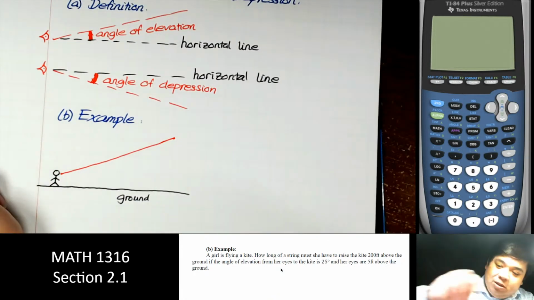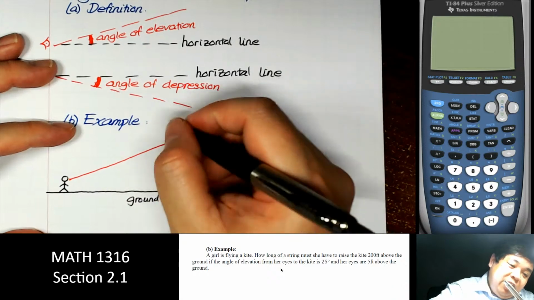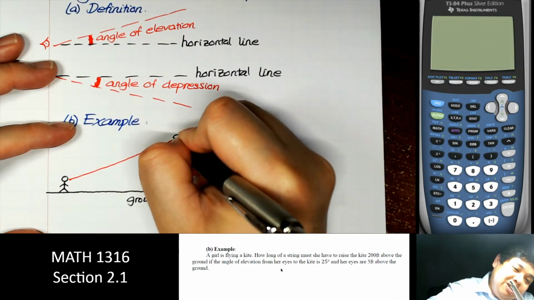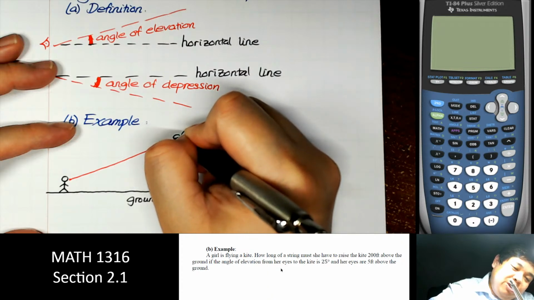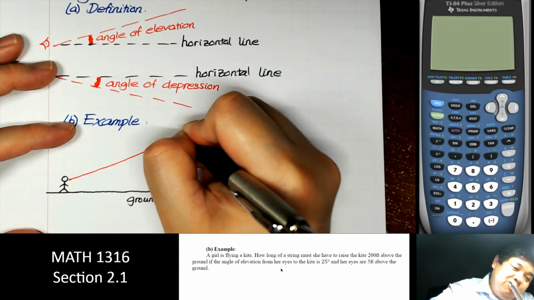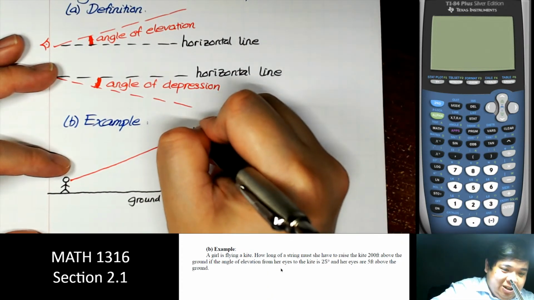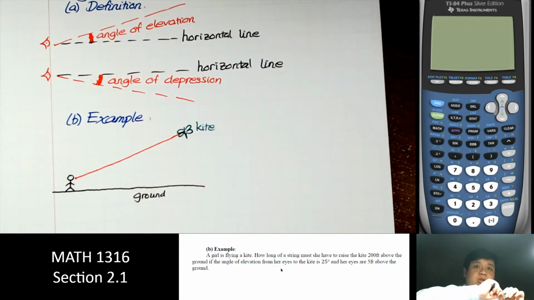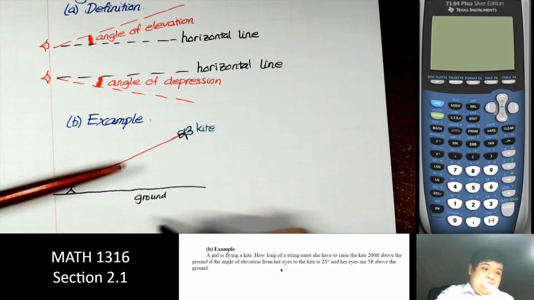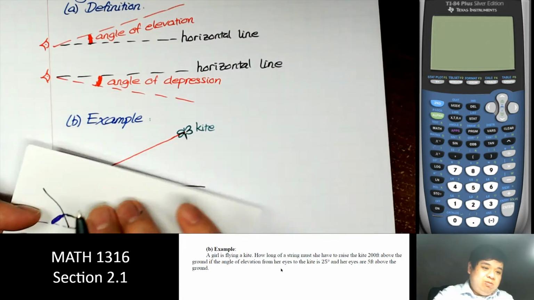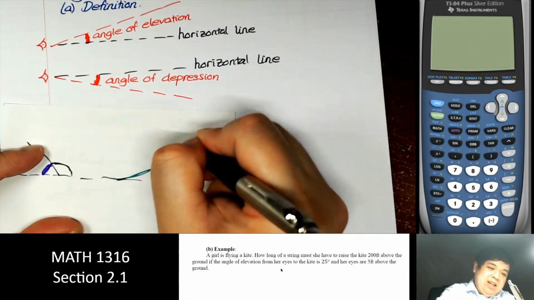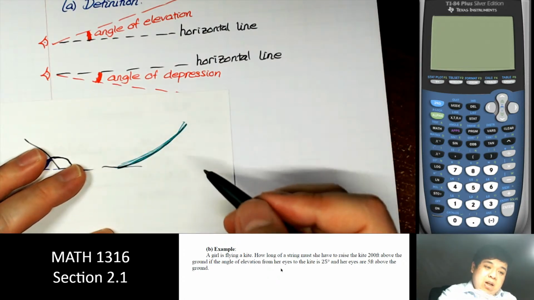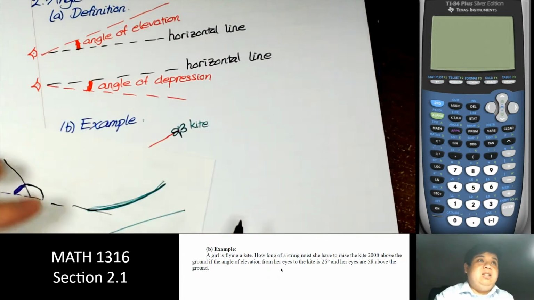I'll try to make a butterfly, for example, or a dragonfly, whatever. So that is a kite. A string, we assume that the string is perfectly straight. Usually the string should be hanging a little bit like this, but in this case we assume that it's perfectly straight.